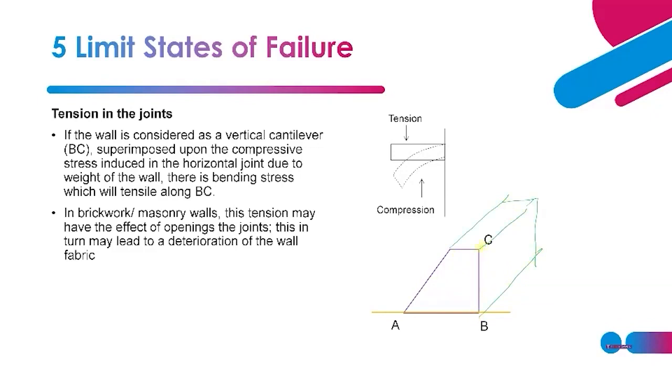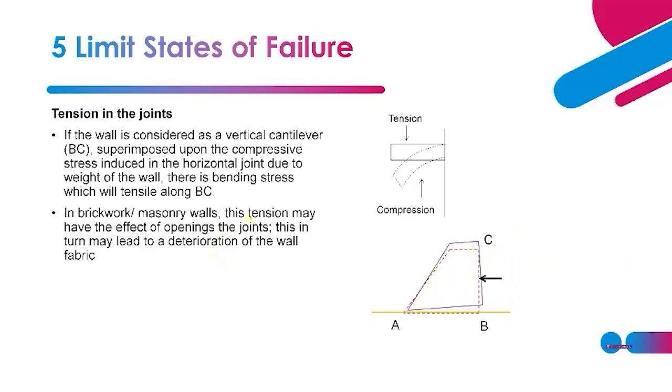Upon the compressive stress induced in the horizontal joint due to the weight of the wall. Kan ada weight of the wall, akan ada bending stress which will be tensile along BC. Okay, you have force here. Okay, so kat sini akan ada bending stress. You punya wall akan jadi macam mana? Okay, ada force macam tu, you punya wall akan terangkat, meaning to say dia akan lifted a little bit like this.